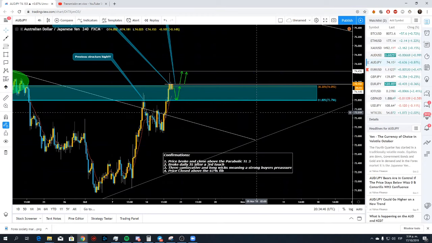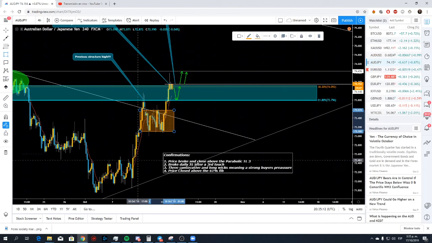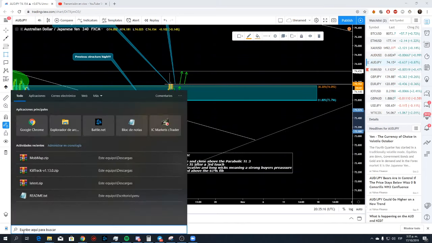Okay, there's something I wanna teach you guys, and it is that price, every trend, every new movement, no matter if it is bearish or bullish move, you will see something called impulse. Impulse. What does it mean? Let me draw here something.